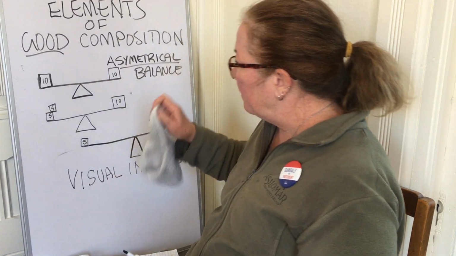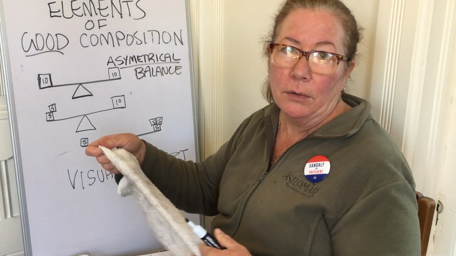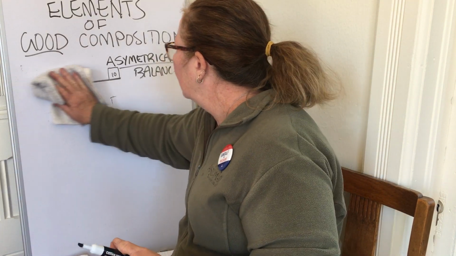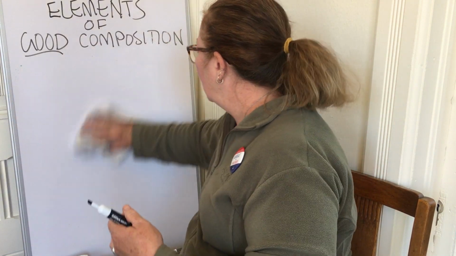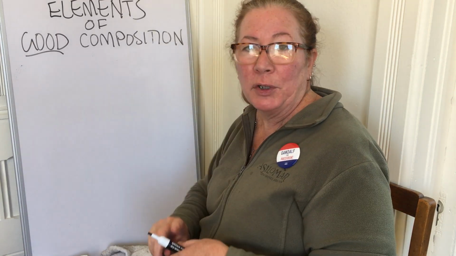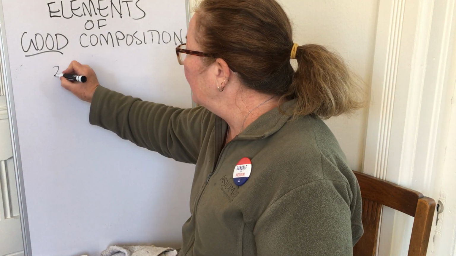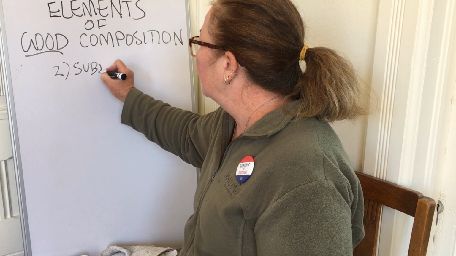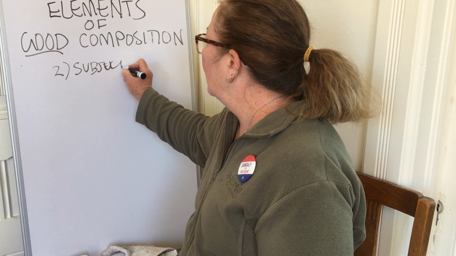So if the first step is to place your horizon line when you're composing a photograph, what would the second step be? Well, if you said place your subject, you're correct. So the second thing would be to put your subject in, right?